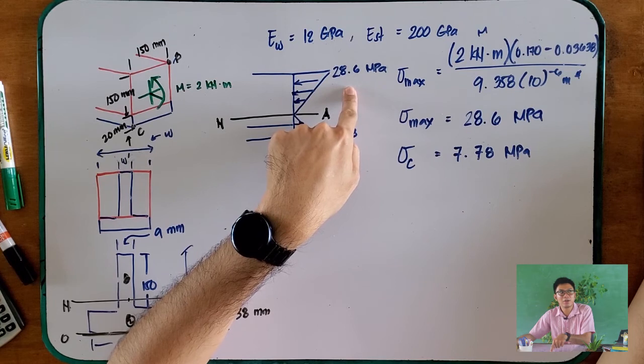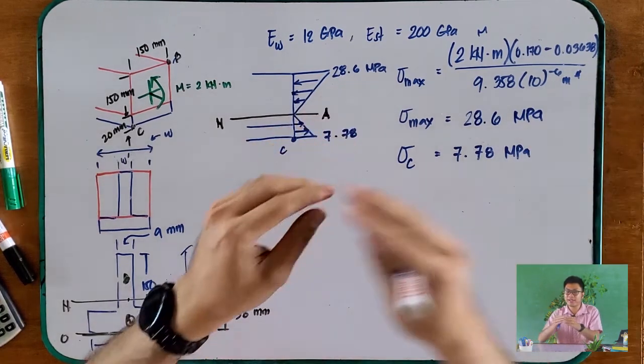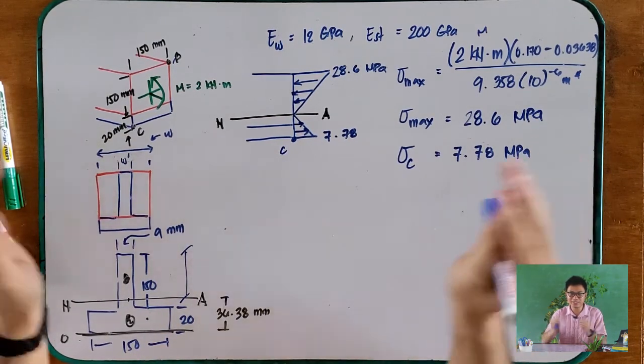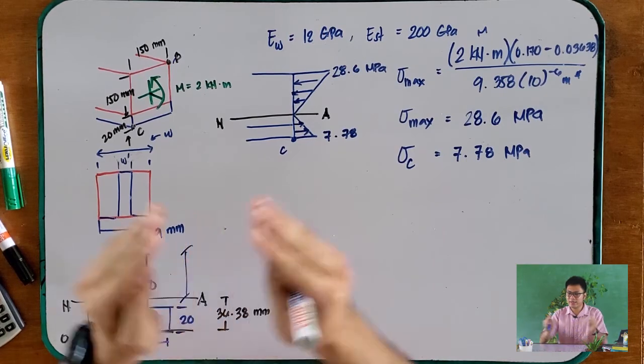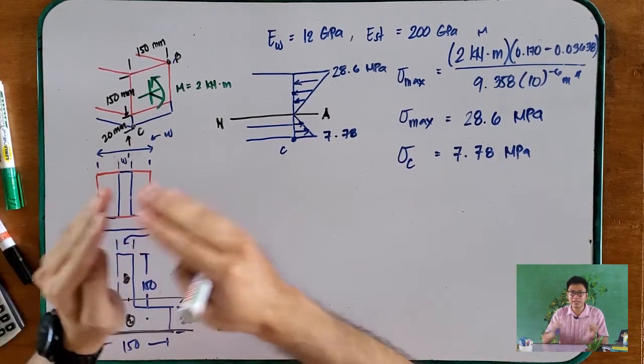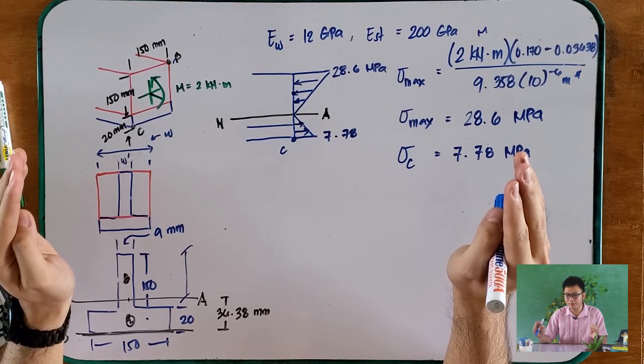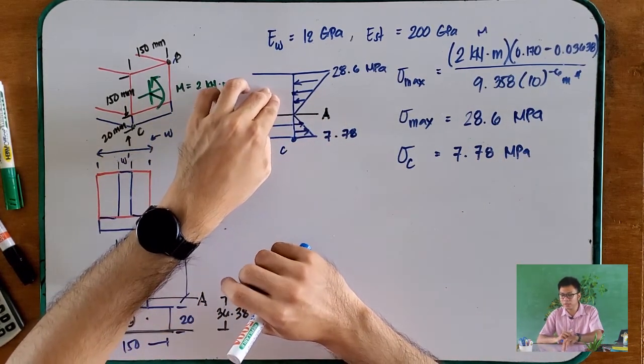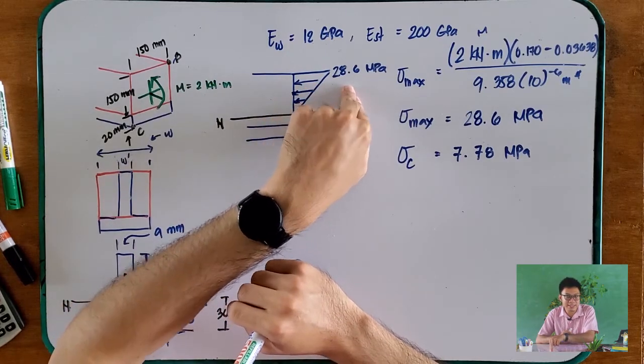Given nga lower og modulus of elasticity ang atong wood. So with great strains, gamay lang iyang stress. Atong steel, na great strain, so dako ang iyang stress pod. So therefore, this one, kung ato ni i-transform into wood, mo gamay ang stress.